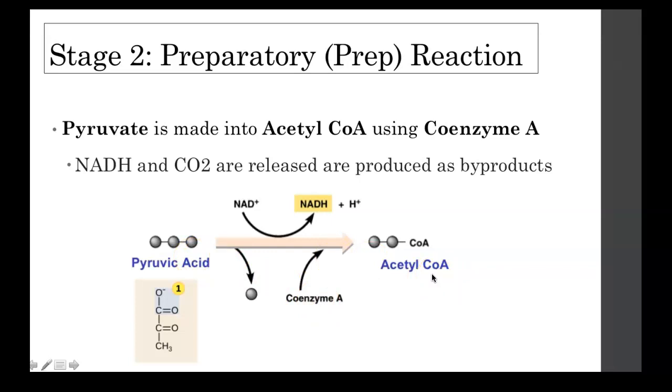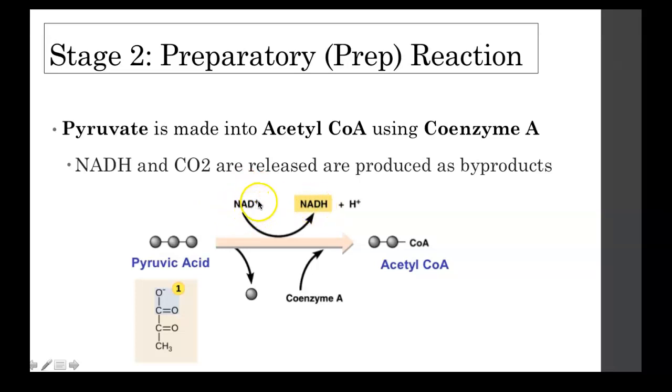Now, in the process of breaking off this 3rd carbon, a bond is going to be broken, so electrons are going to be lost. And again, our partner NAD is going to come into the picture. It's going to pick up those lost electrons, and as it does that, it's going to be reduced from NAD+ to NADH.